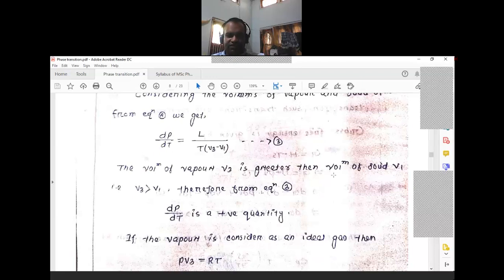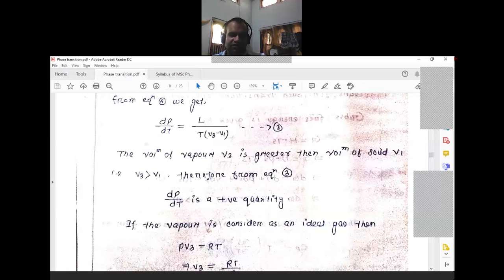So let us check what happens to the Clausius-Clapeyron equation in the sublimation process. When a solid is converted to a vapor, it is called sublimation. Now the volume of the solid phase, the ice phase, is V1, and the volume of vapor is V3, because the liquid volume was V2.